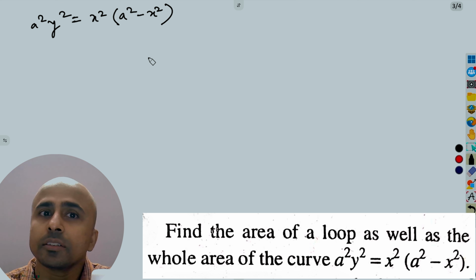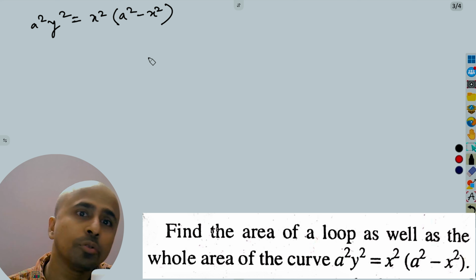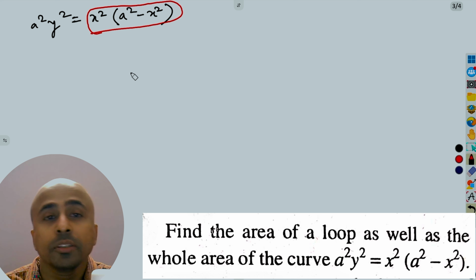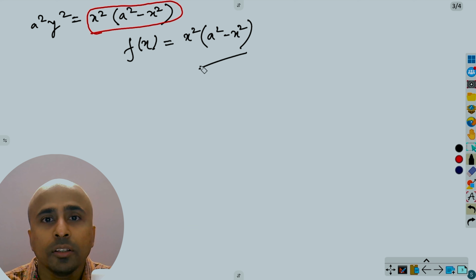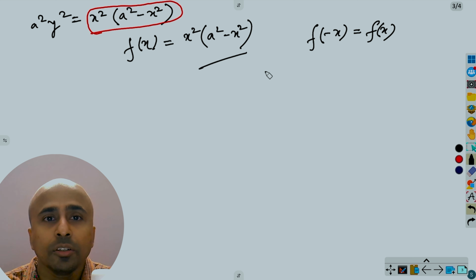The first thing is, if you notice the function on the right hand side, let's say this is f(x). Can you say anything about this function? This is an even function, meaning f of minus x equals f(x). This type of function is called an even function.